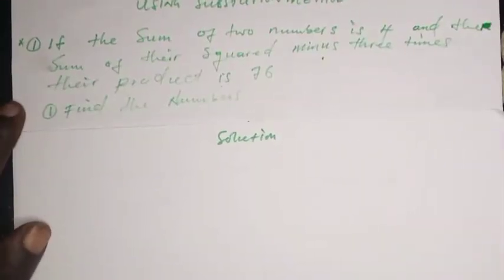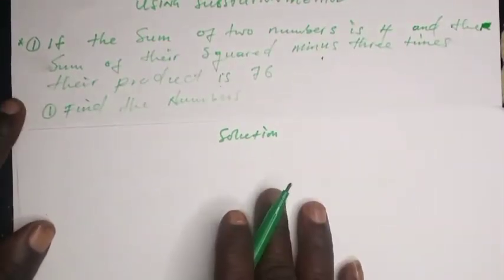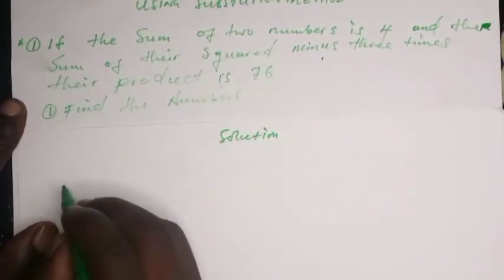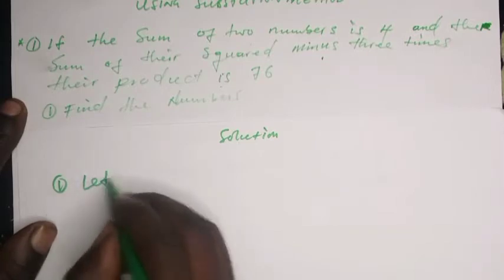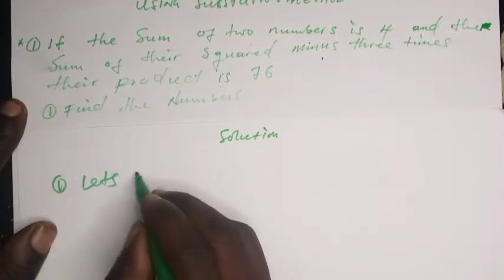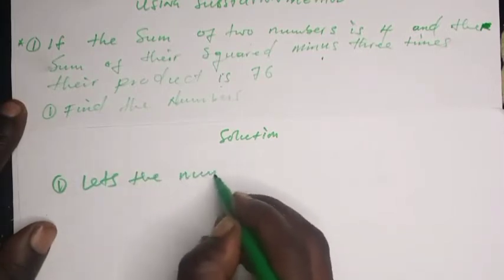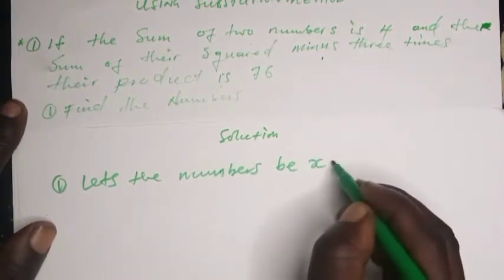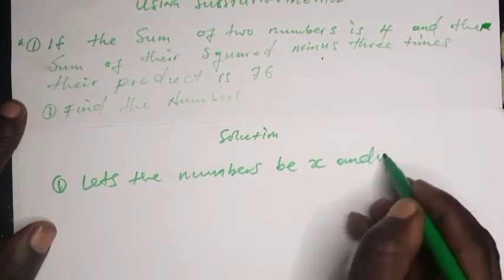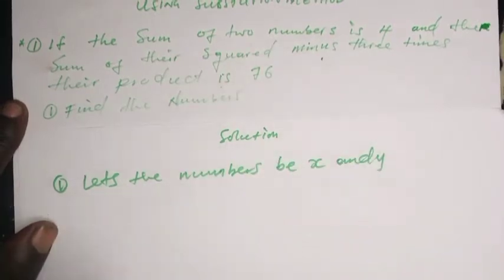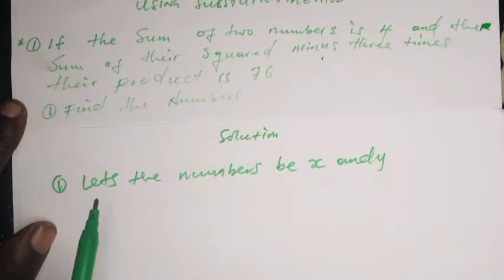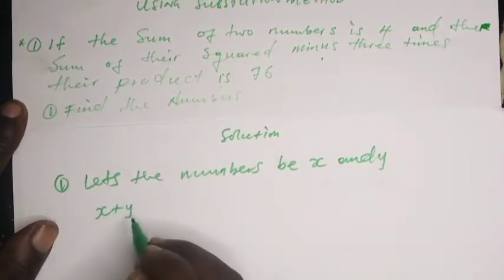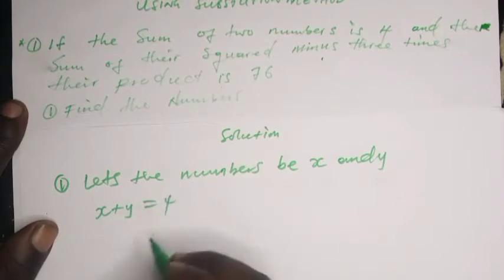So now let's try to find the solution. Let the numbers be x and y. In the equation they are saying the sum of the two numbers is 4, then it will be x plus y equals 4.